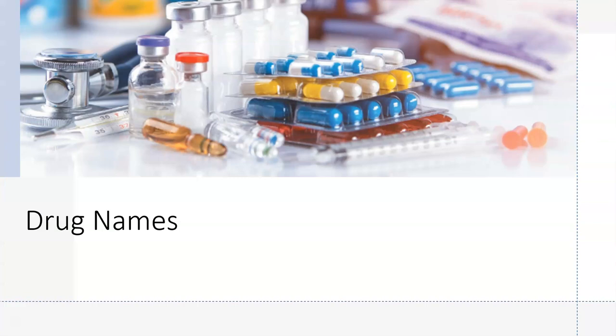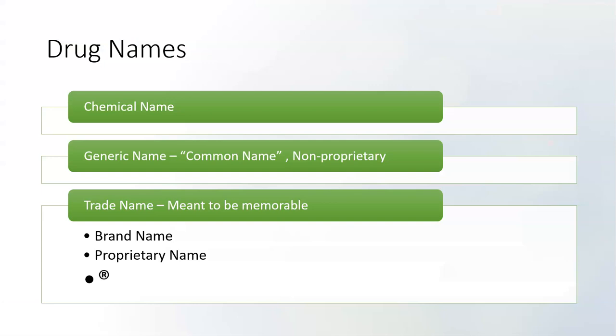Okay, now this is getting into the component of actually starting to learn about pharmacology, drug names. So we need to understand the different names that drugs are available by. Now, when we're talking about drug names, there's actually 3 different types of names that a drug could have. The first is their chemical name.